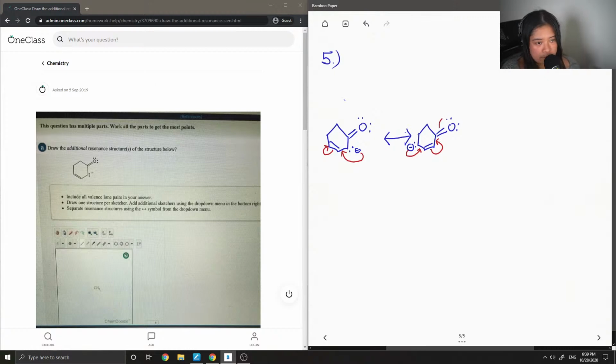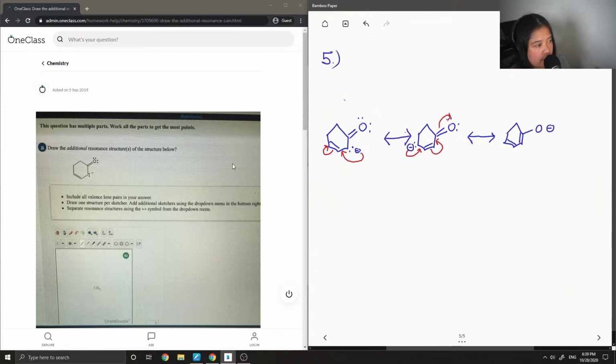And then the double bond on the oxygen will then move up and give a negatively charged oxygen instead. So finally, we'll have two double bonds located there. And then now we have single bonded oxygen with a negative charge.